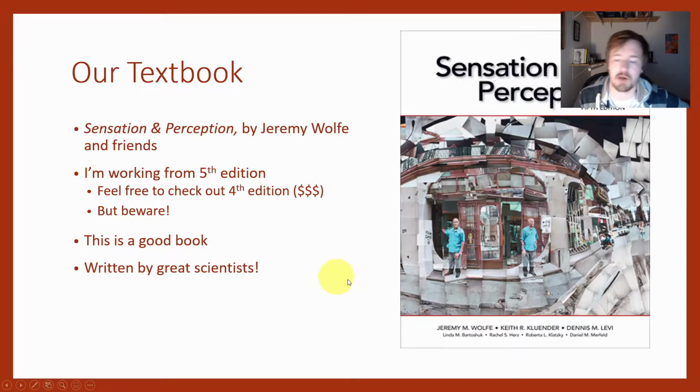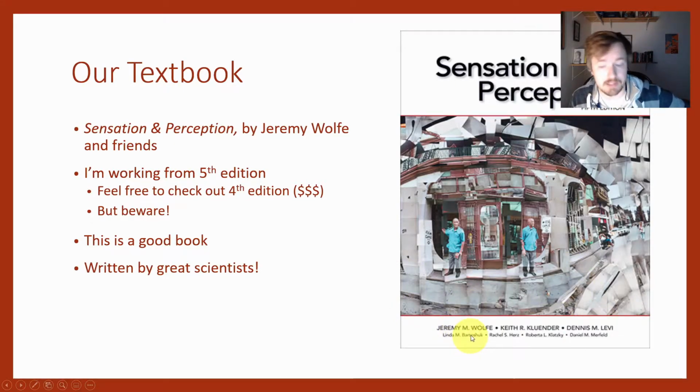I like it very much because, if you can see, it's kind of hard to see on this, but these names down here are all basically leaders in their field. Jeremy Wolfe, for example, who's the primary author here, is a very famous visual scientist, and so he wrote the chapters about vision.